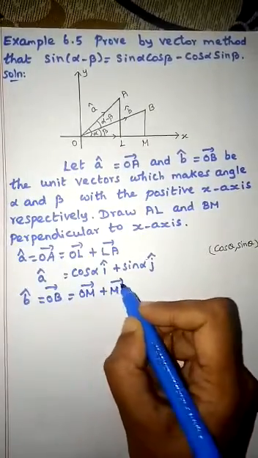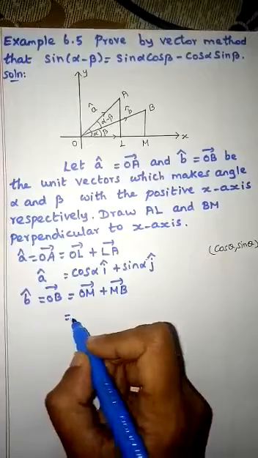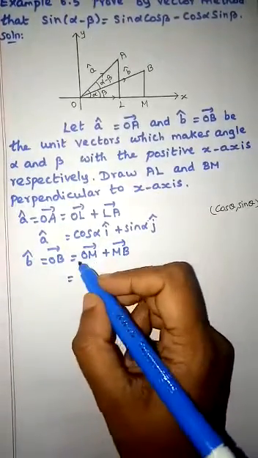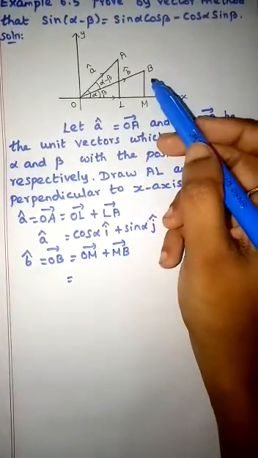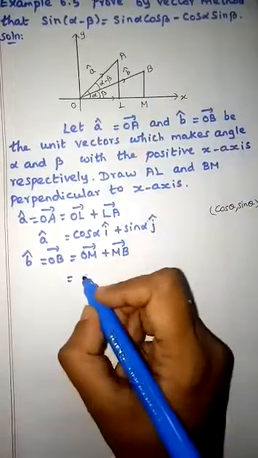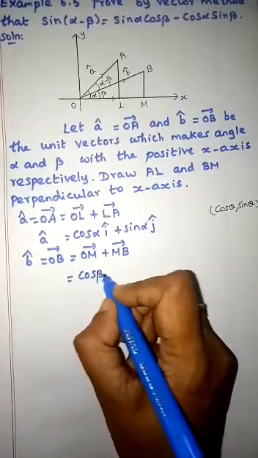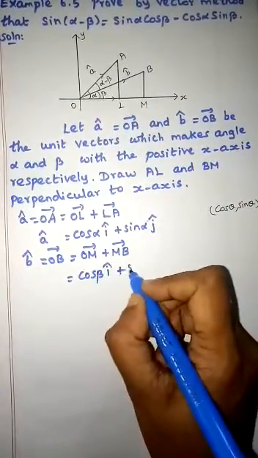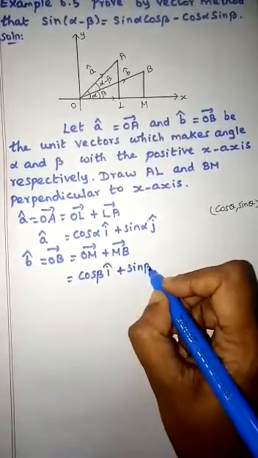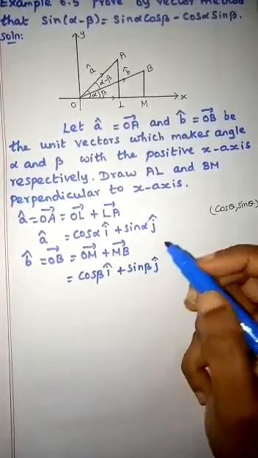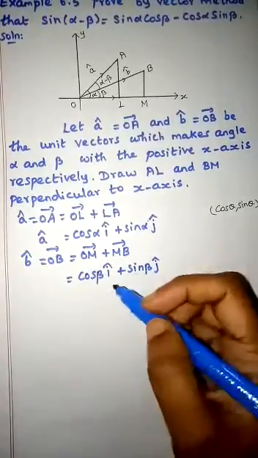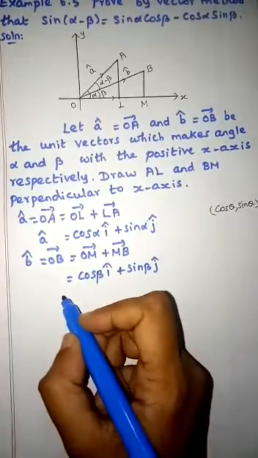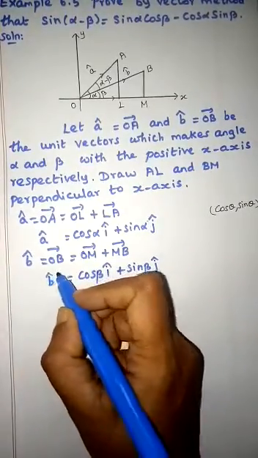For B the angle is beta, so cos beta I cap plus sin beta j cap. Here both are in the first quadrant only, so for I cap and j cap you have to put plus.